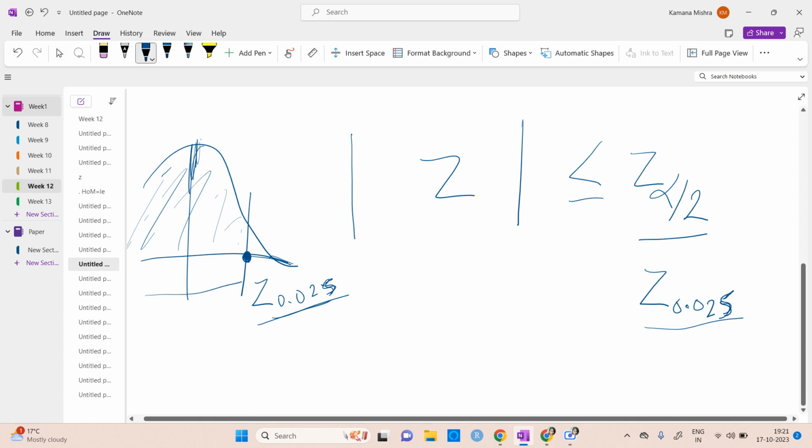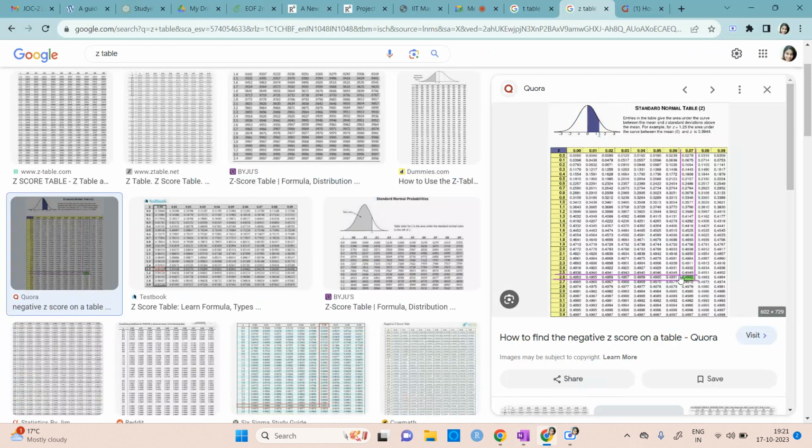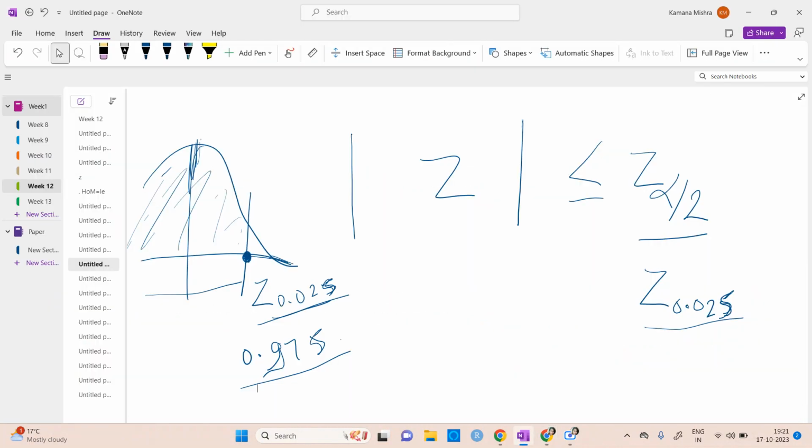So 1 minus 0.025 would be 0.975, and 0.975 would come at this point. If you look at 1.96, it is 0.475. At 0, it is 0. Then 0.475 plus 0.5 would be 0.975.